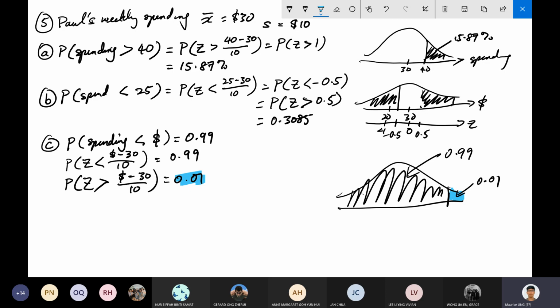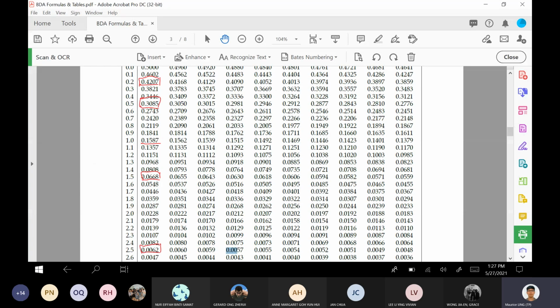So then you find out what number gives you 0.01. So you go to the table and look for 0.01. So 0.01 is here.